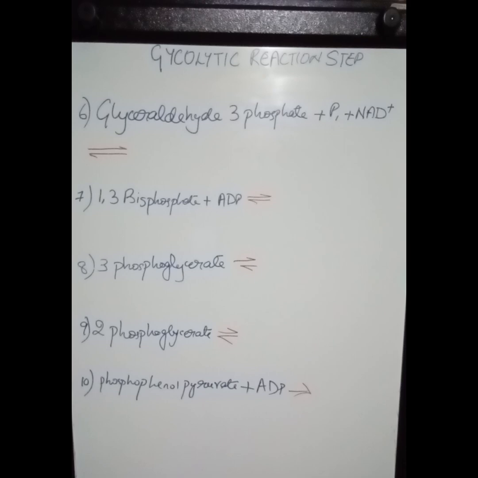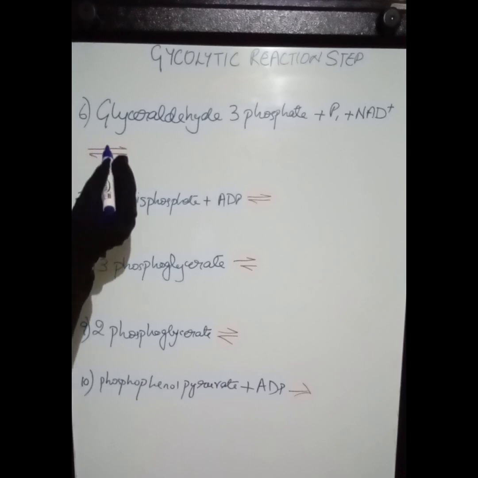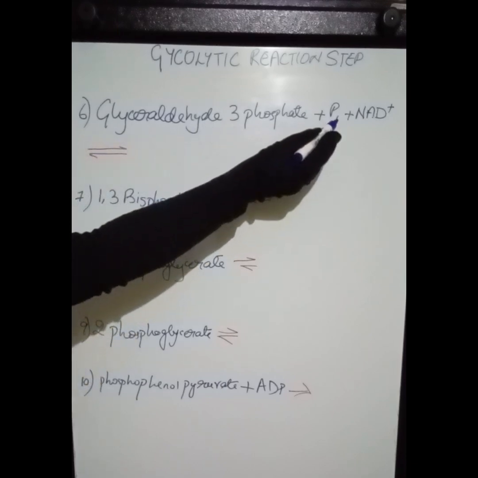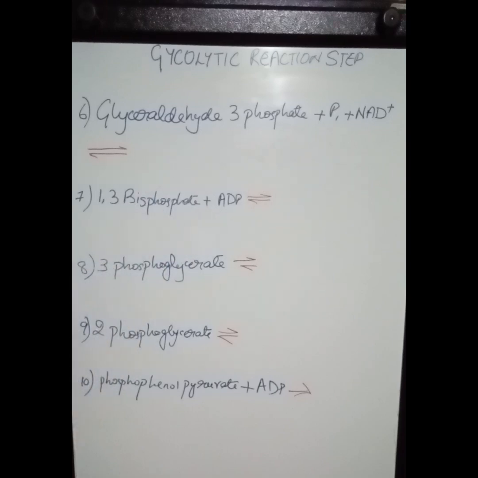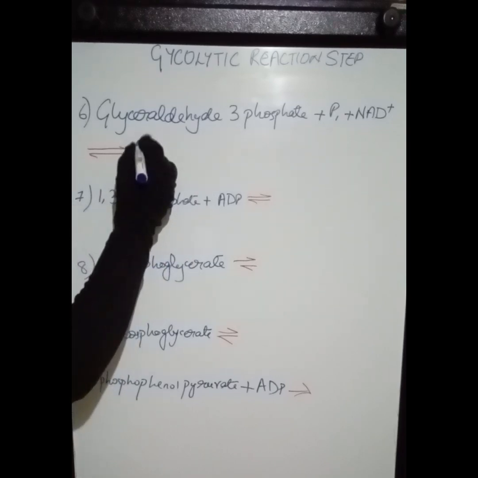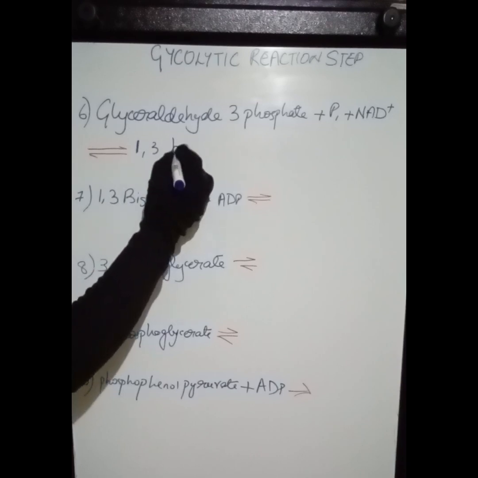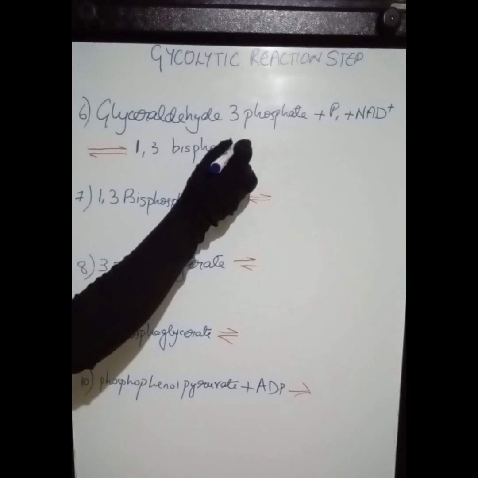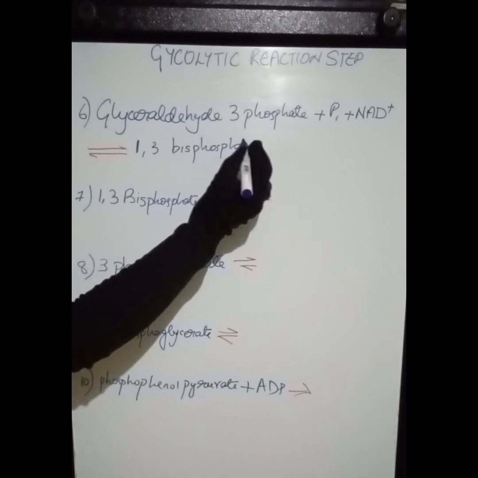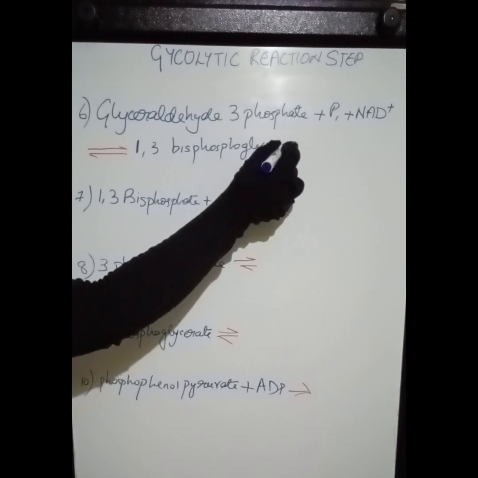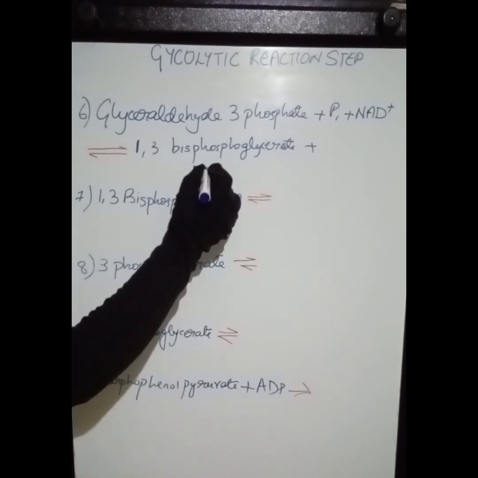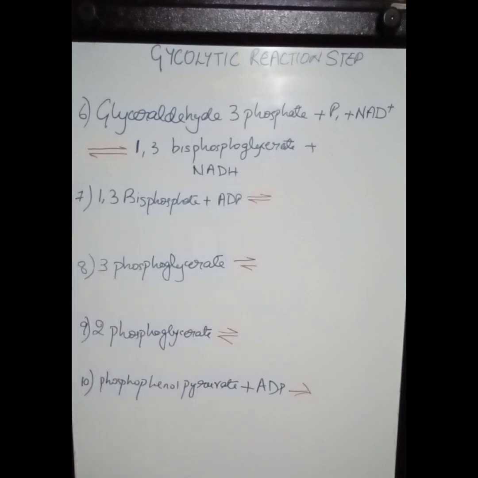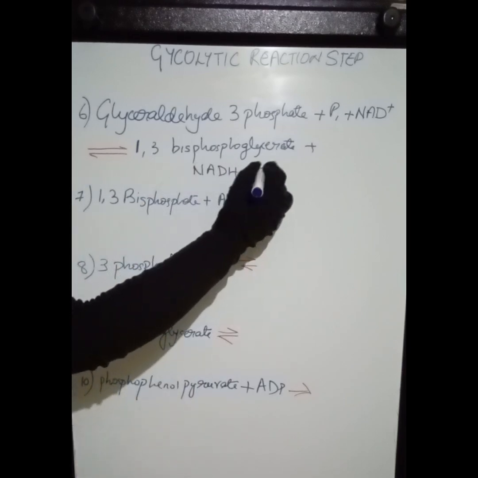glyceraldehyde 3-phosphate produced. Now this glyceraldehyde gets into the 6th step where glyceraldehyde will use 1 phosphate ion plus NAD to produce 1,3-bisphosphoglycerate plus NADH plus H plus ion.